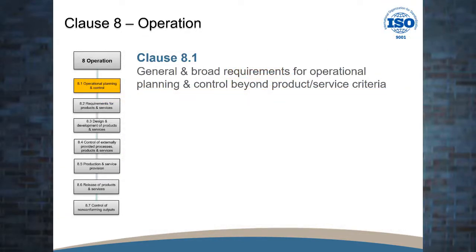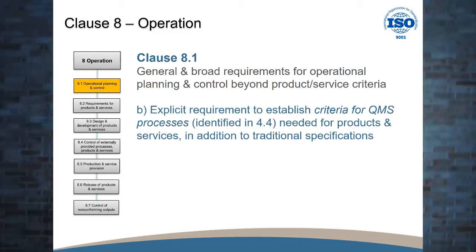8.1, so under the operations piece, we have general and broad requirements for operational planning and control that goes beyond the product and or services criteria. So controls that go beyond the product or service specs. Specifically 8.1b, there are explicit requirements to establish criteria for QMS processes.